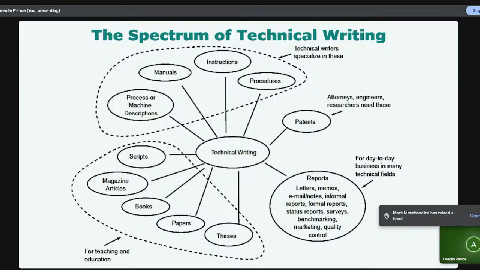It is the father of every one of them, and it has subsections, just like a father has children and grandchildren. It has sections for educational purposes, for technical writers, engineers, attorneys, for day-to-day life, and so on.